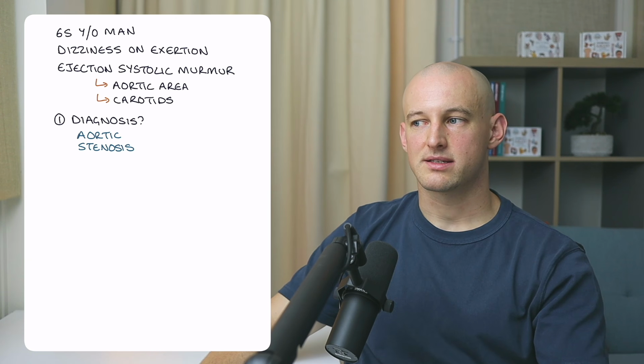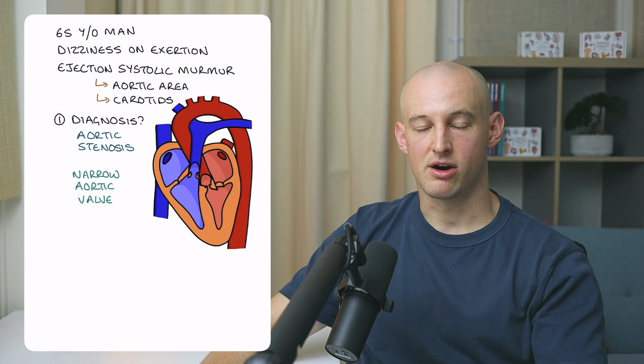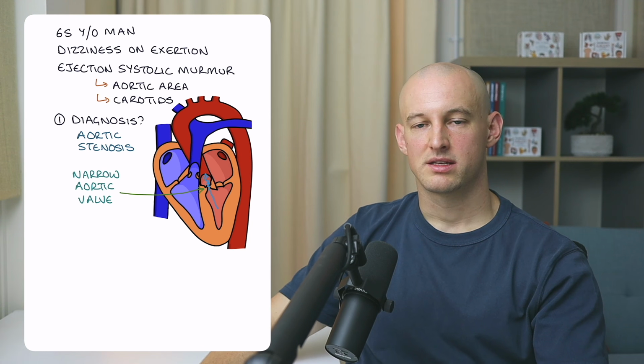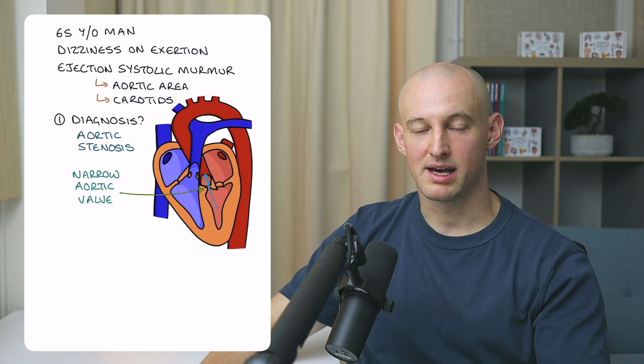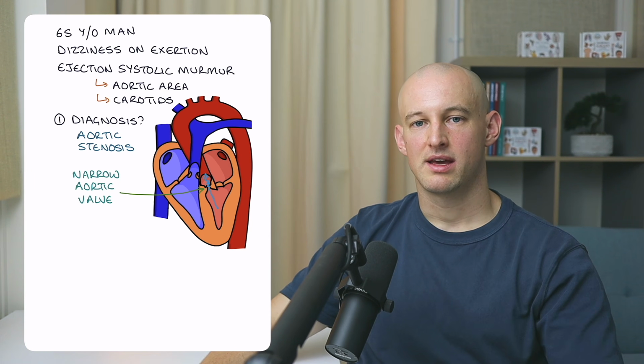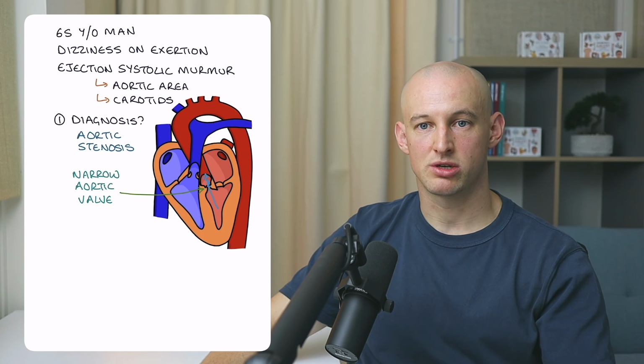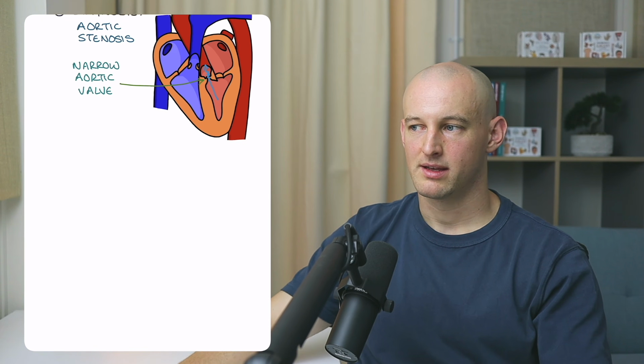Aortic stenosis. So this is where there's narrowing of the aortic valve, and this causes an ejection systolic murmur. So when the left ventricle is pumping blood through that narrowed aortic valve, that turbulence as it goes through causes a murmur during systolic contraction.